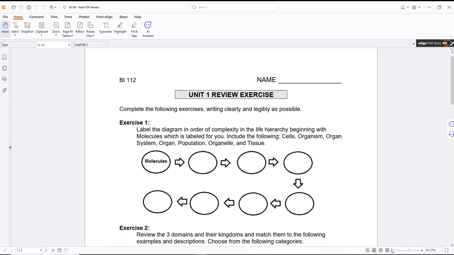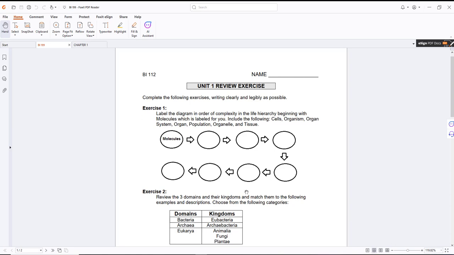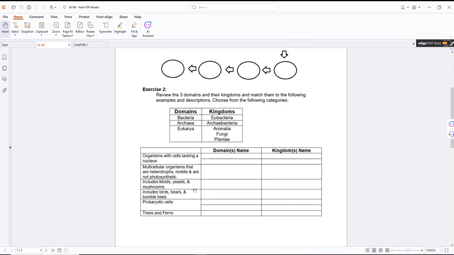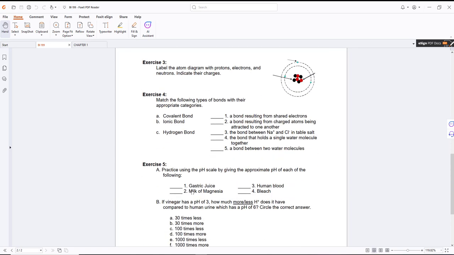So this is what you're going to turn in for points. Sorry, this is so big. Okay, so I already told you about exercises 1 and 2, so that covered the first 2 videos. Exercises 3, 4, and 5 covered the last 2 videos. So in this first exercise 3, you're going to label what is the black dot, what's the red dot with the positive sign, what's the little dot up here.